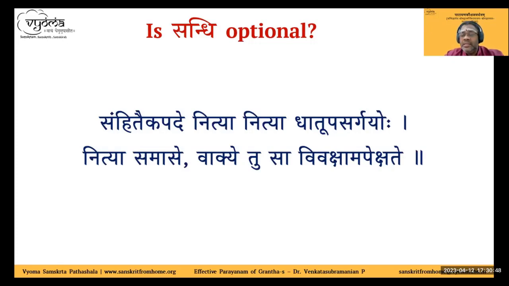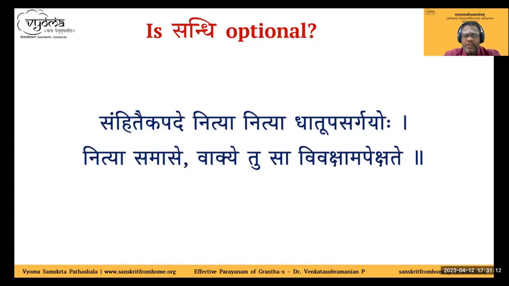In a sentence, if there are two words, you have an option to do the sandhi or not do the sandhi. Vakye tu sa vivaksham apekshate. Vivaksha is the wish of the person who is the orator, who is producing the sound.